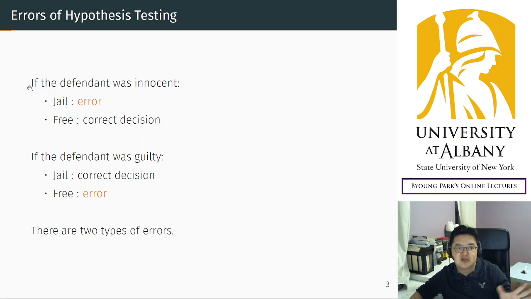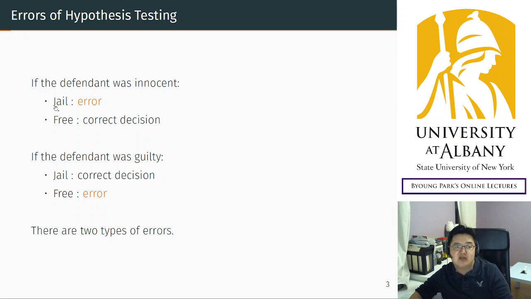If the truth was that the defendant was actually innocent, in this case, of the 2 possible conclusions, either going to jail or being set free, one of them is wrong and the other is correct. That is, if the truth is innocence, then if the defendant was sent to jail, that is an error. The decision is wrong.